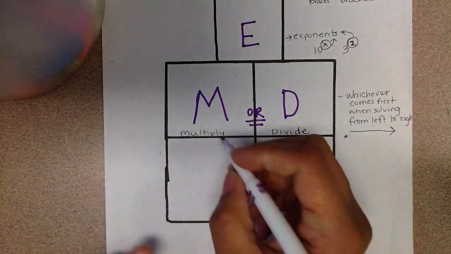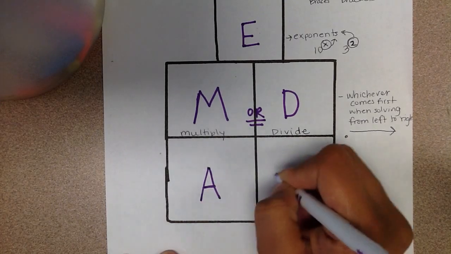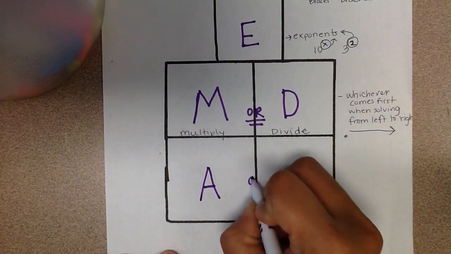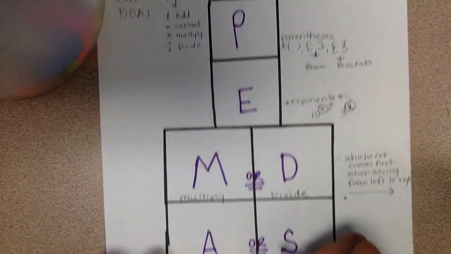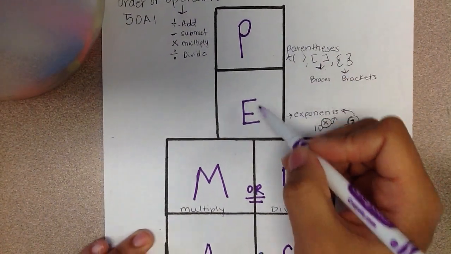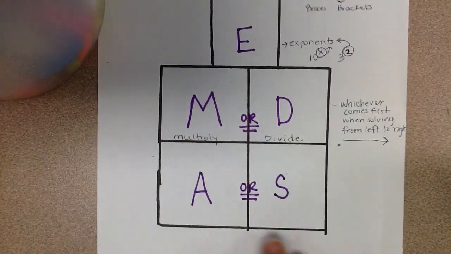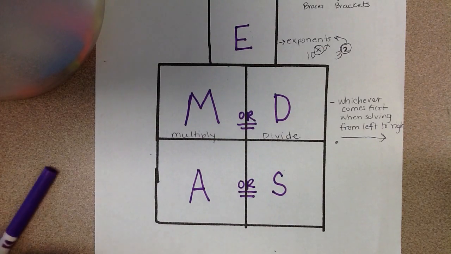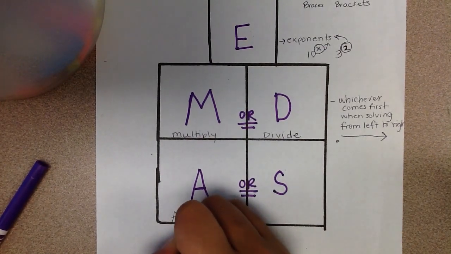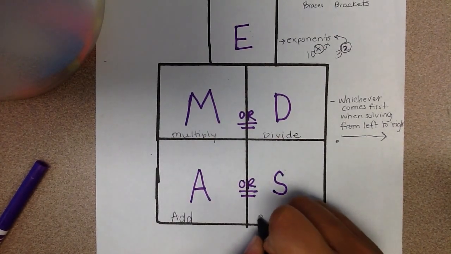Our last two letters are A, S. And you're going to put an OR right here. So after I've solved my parentheses, my exponents, my multiplying or dividing, I get to A or S. These two stand for add or subtract.